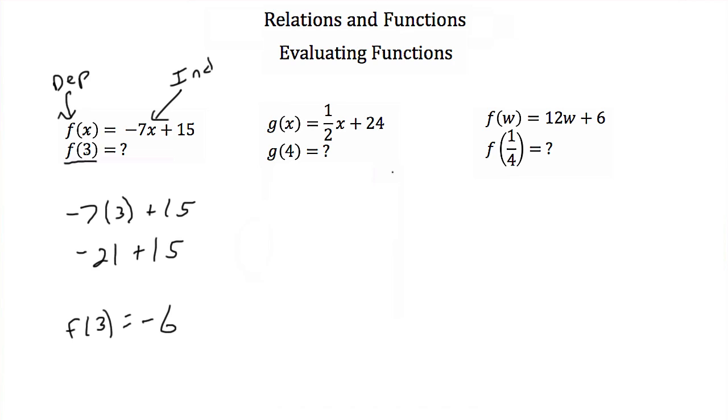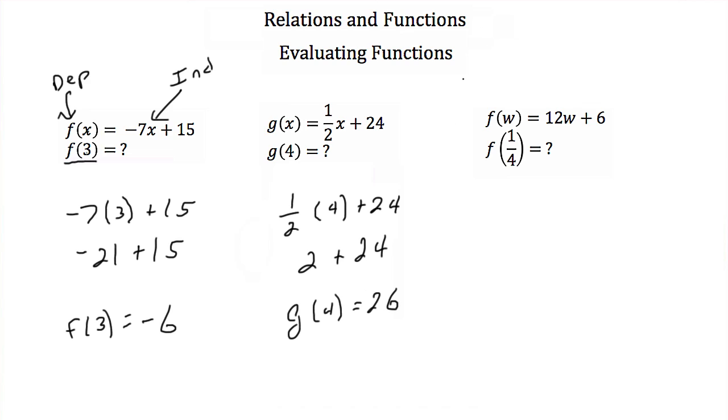Let's try these next two. Here we're going to plug in 4 for x, so you'd end up with 1/2 times 4 plus 24. So this would be 2 plus 24. So our function of 4 would be equal to 26.